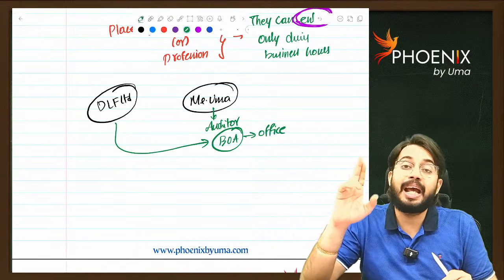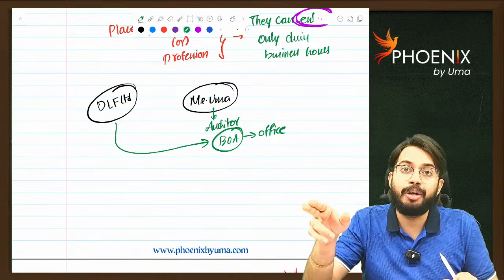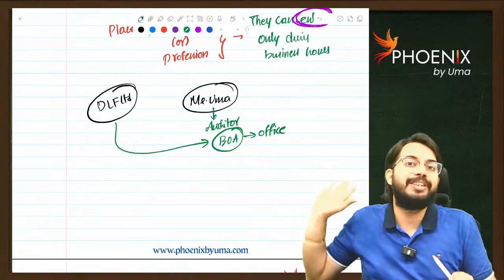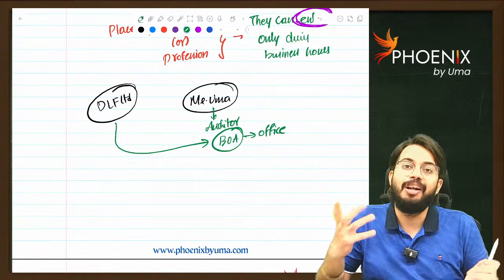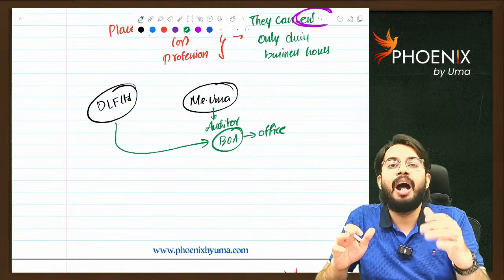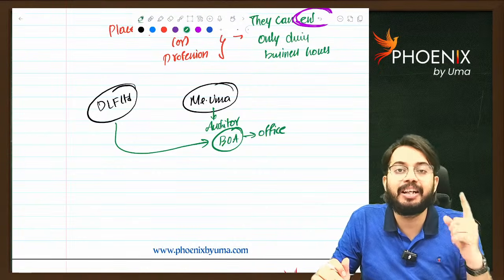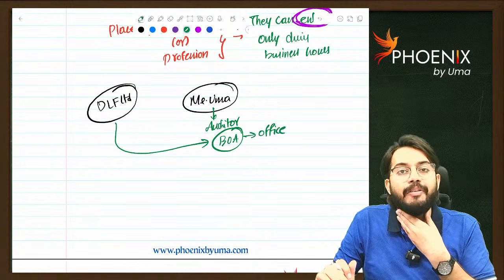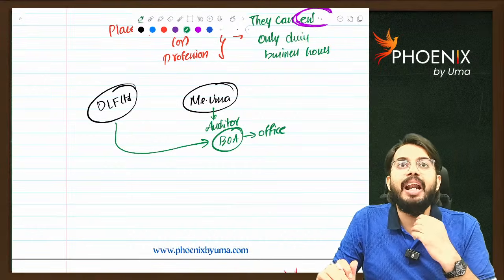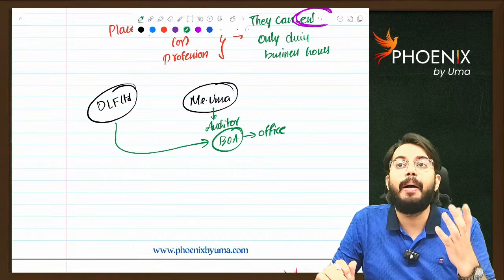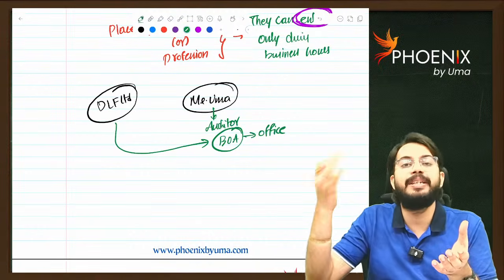Now, income tax authority, they have power to do survey in my office. Able to understand? Or books of accounts of the company are there in the home of the director. Can they do survey at the home of the director? Yes, they can do survey at the home of the director. But whenever they are doing survey at a place other than a place of business or profession.